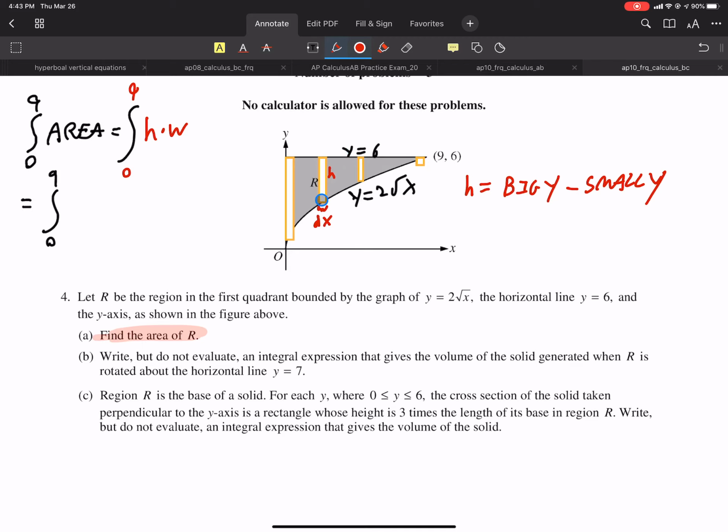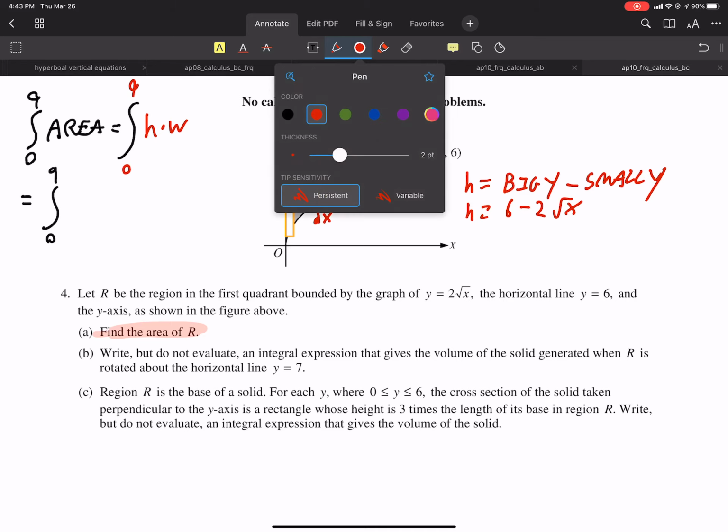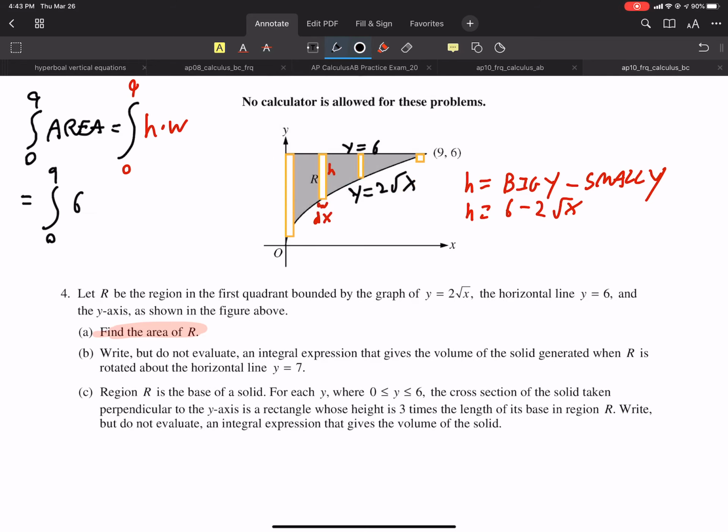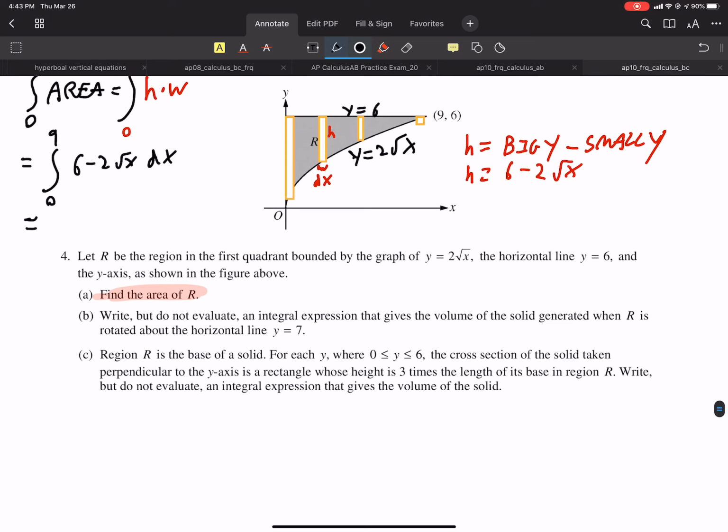So big Y is here, small y is here. You take the bigger minus the smaller, so that's going to be 6 minus 2 radical x. I am going to place all of that in here, 6 minus 2 radical x, and the width is dx. And now I need to calculate this.